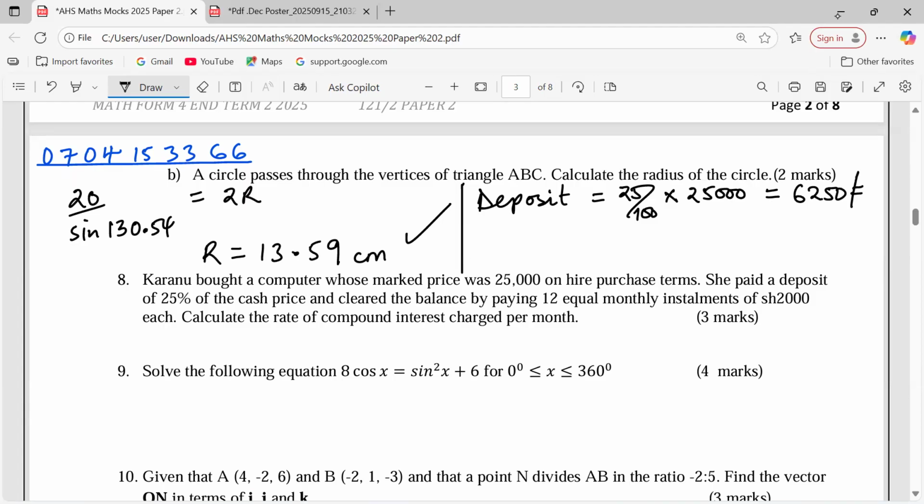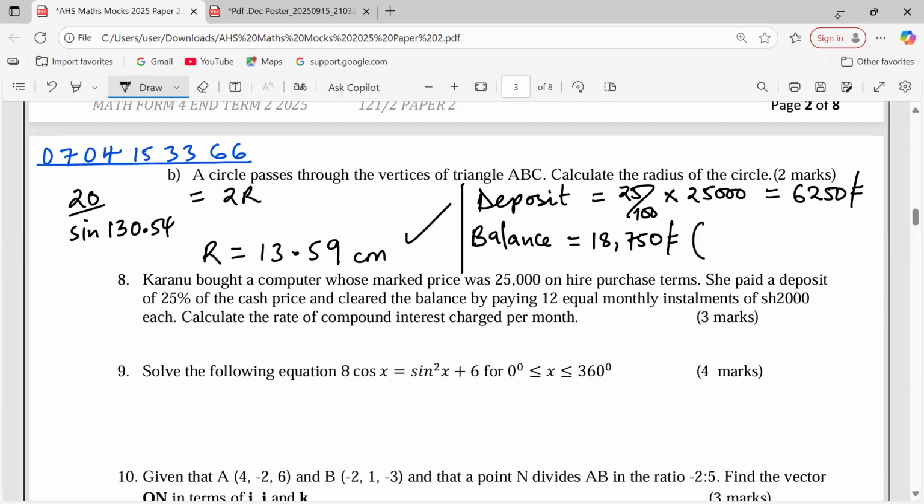This is the deposit that was made. That means there is the balance now, the balance that earned interest. 25,000 minus the deposit made, 18,750. This is now the balance, which is going to be earning interest.